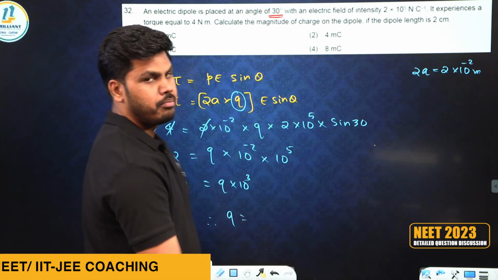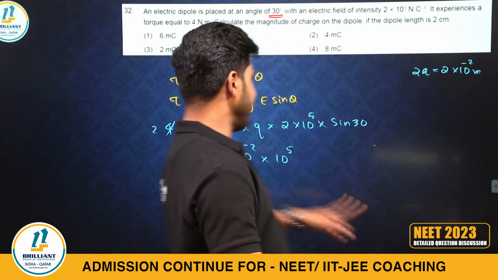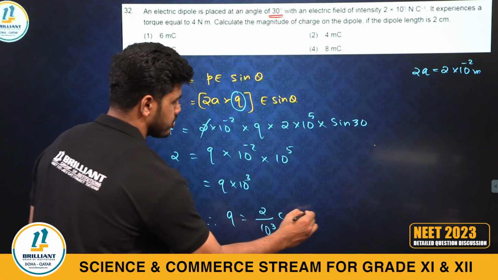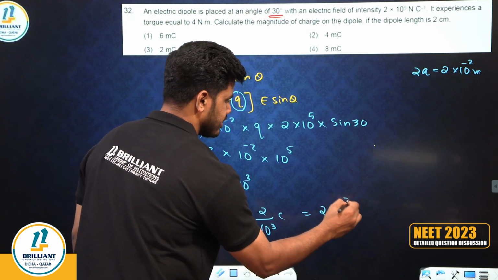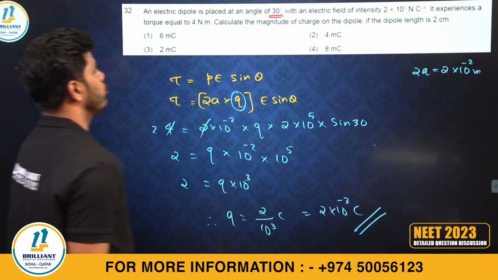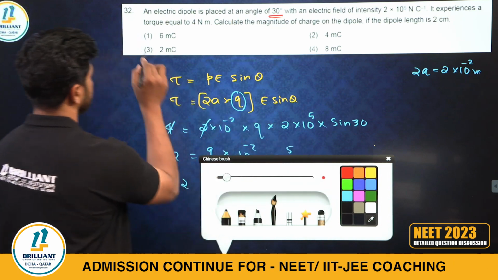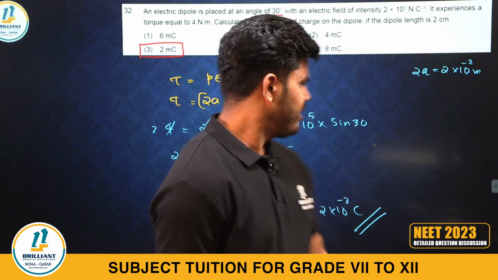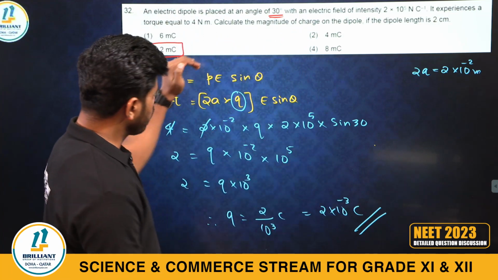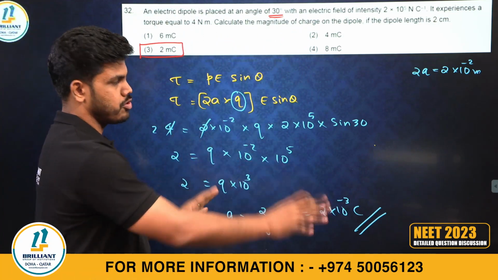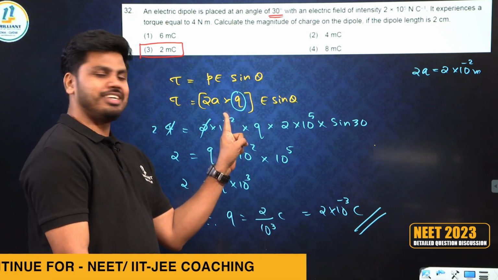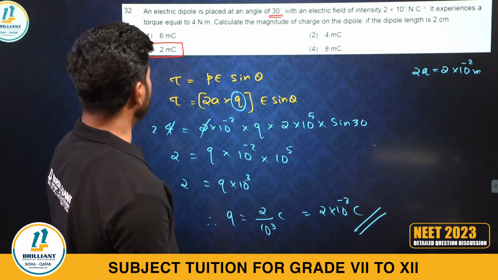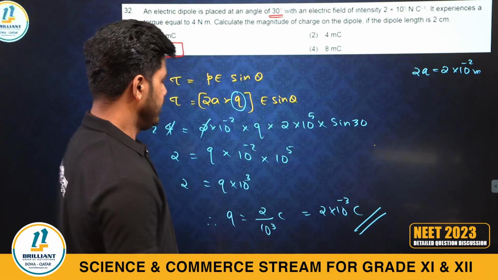The magnitude of the charge of dipole is going to be 2 divided by 10 raised to 3 Coulomb, which is 2 into 10 raised to minus 3 Coulomb, that is millicoulomb. 2 millicoulomb, which is option 3. Correct? See, direct substitution. Torque is equal to PE sin theta. If you know that equation, solved. And also one more thing, dipole moment is 2A into Q. Finished. So question number 32, option 3 is the correct answer.